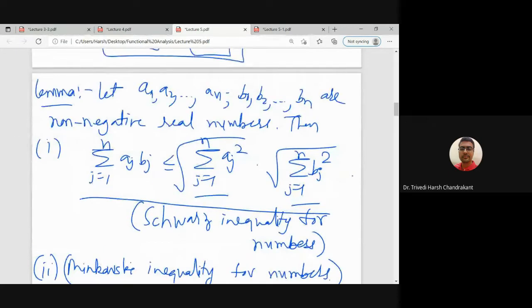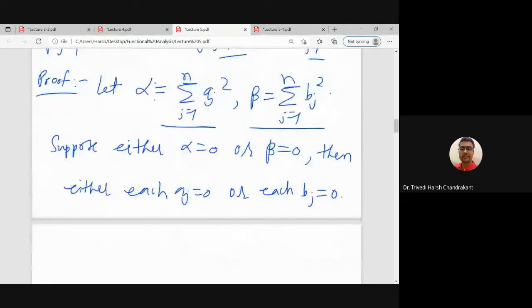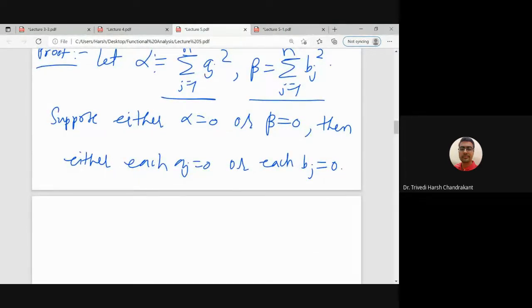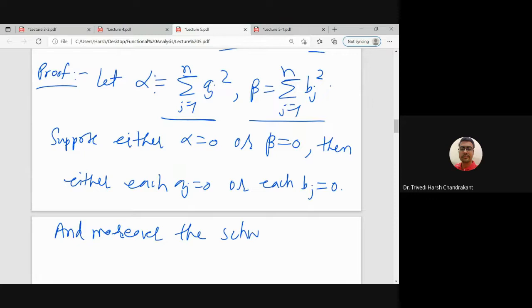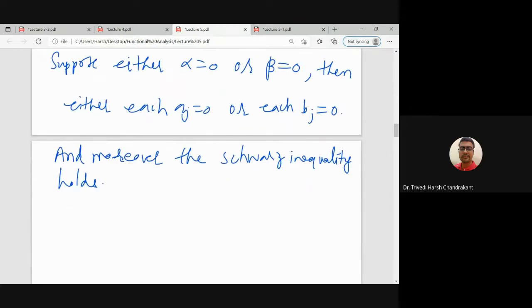If each aj is 0, this term is 0. If each bj is 0, again this term is 0. In both cases, both sides are 0, so the inequality holds. So this case, where either of them is 0, we have discussed.